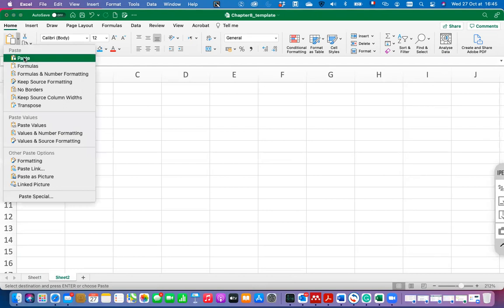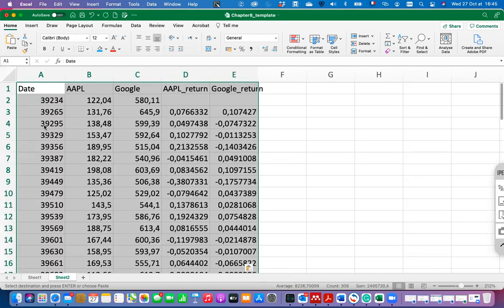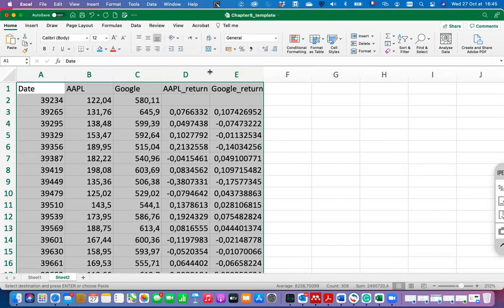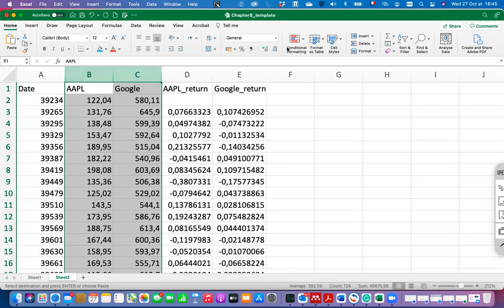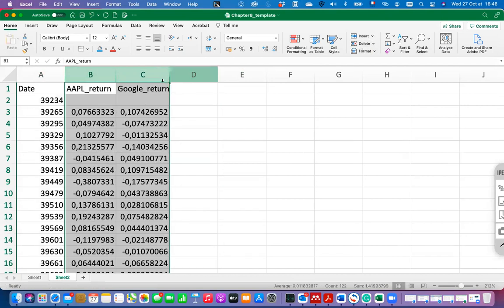I will just paste the values. See, paste values. I will delete the Apple and Google prices because we don't need them anymore. We need just the returns.